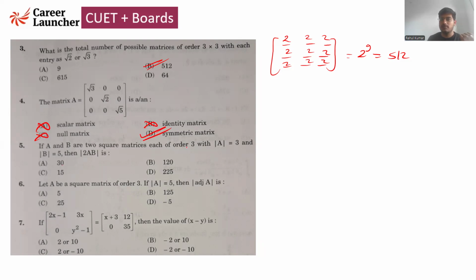Then we have the next question. The determinants of matrices A and B are given: the determinant of A is 3 and the determinant of B is 5. Now we need to calculate the determinant of 2AB. Let's try to solve this problem. For finding this, first we take out the 2.